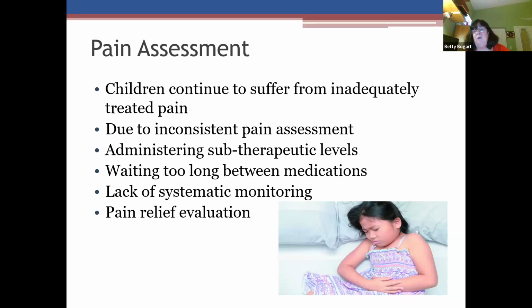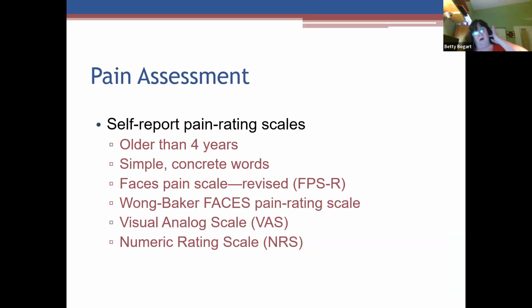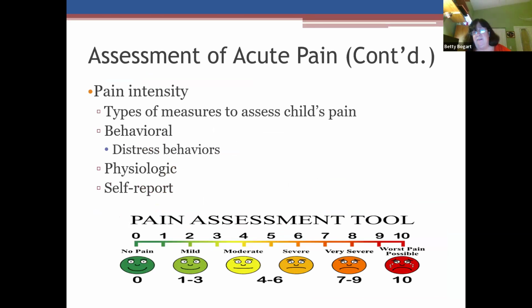Also, they tend to wait too long. Adults don't, but children, they will wait. We have Wong-Baker and we have numeric. There's other ones here that we talk about. Here's faces. Now, faces, they have to be 3 years old in order to use this scale.